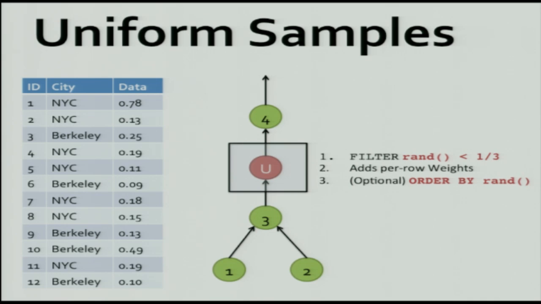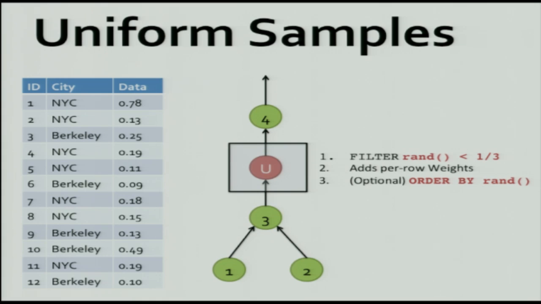First, it filters this particular stream of data randomly by generating a random number and comparing it with a sampling probability, generating a sample that's 1/3 the size of the corresponding input. So essentially Bernoulli sampling. Second, it adds per-row weights to this random sample.